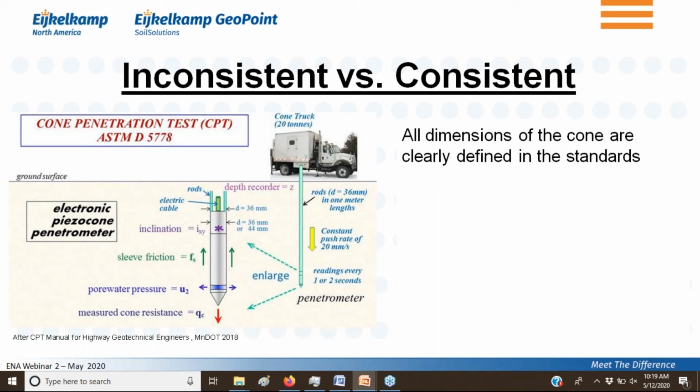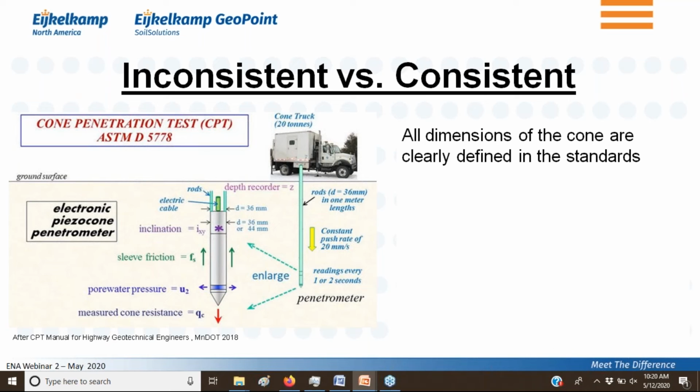First of all, the cone that you push into the ground is 100% standardized and defined in the standards. And it's not just defined in ASTM D5778, as you see on the screen. The ISO standard does exactly the same thing. And with this new edition of the ASTM standard, ISO and ASTM are pretty much on the same page, same dimensions.